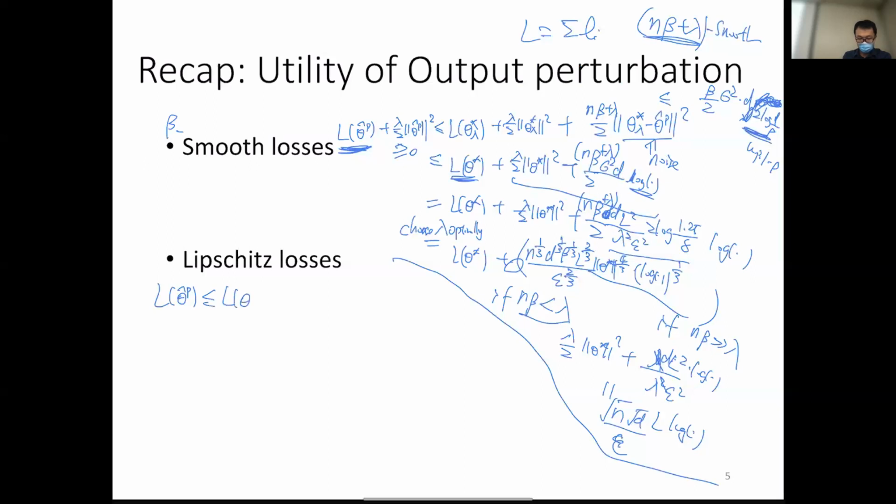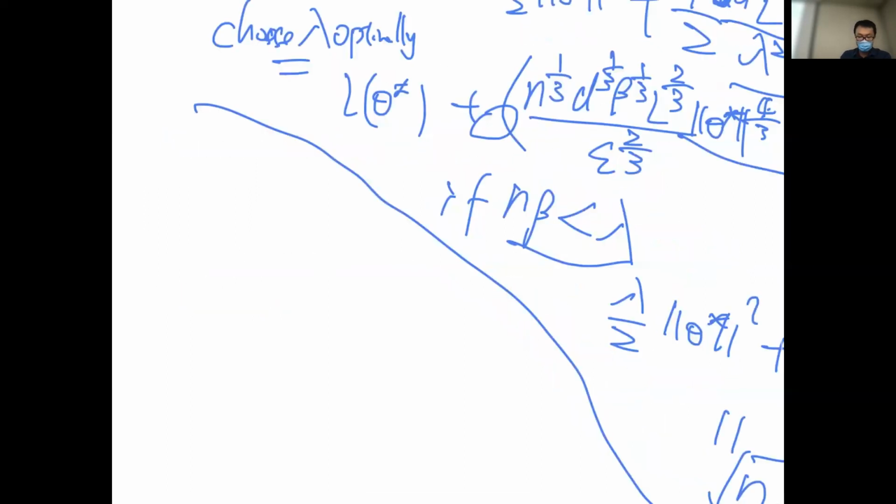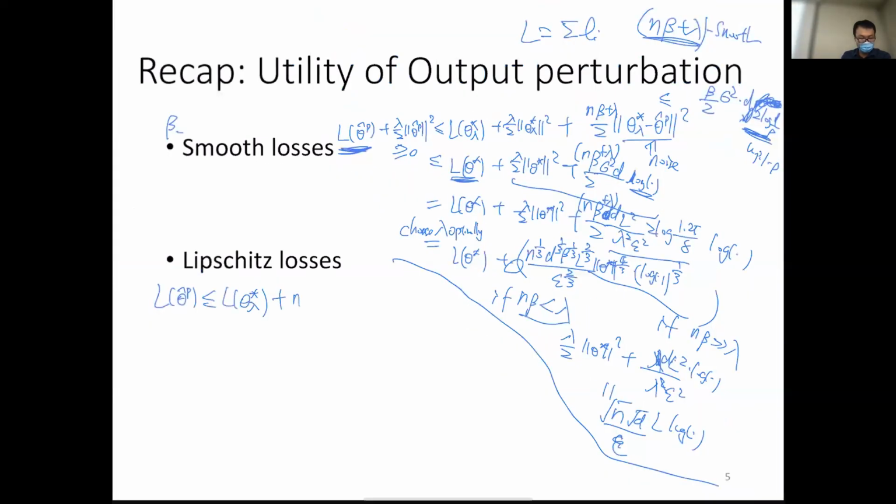minus L theta star lambda, and by the Lipschitz property, we know that each individual Li is L Lipschitz. Therefore, the sum of n copies of this Li is going to be n times L Lipschitz, so we'll have n times L, and then the difference of the norm between these two.